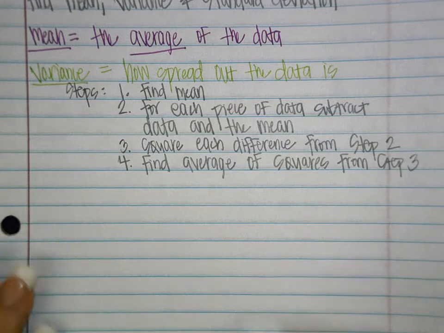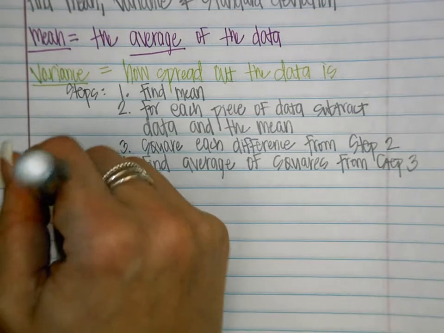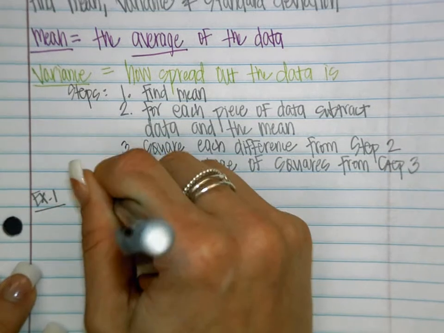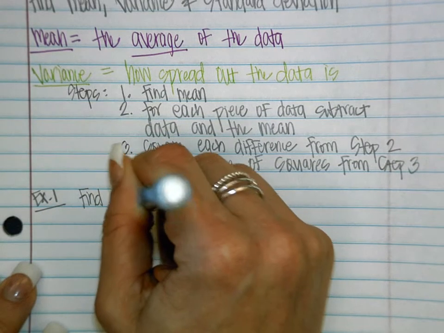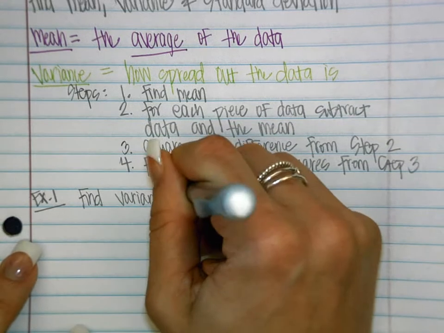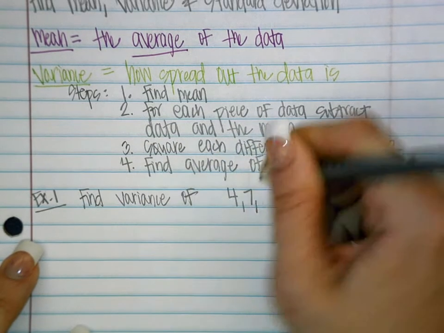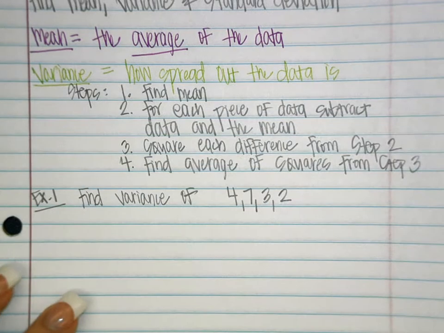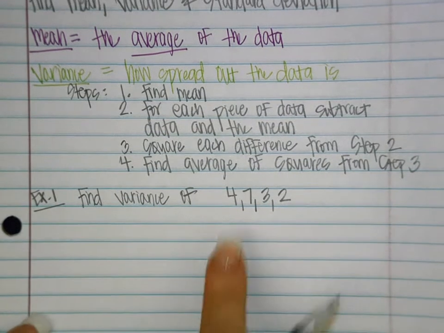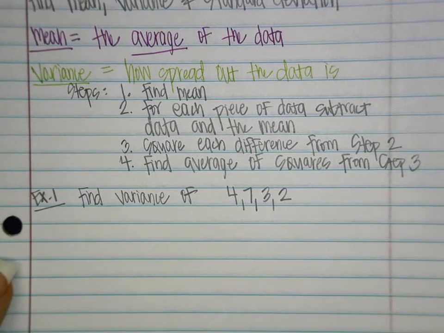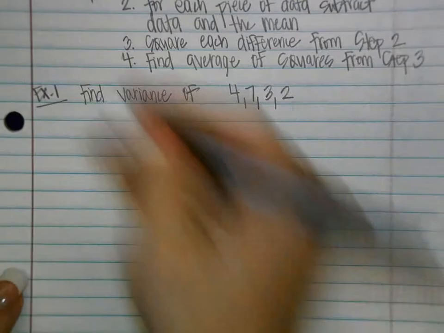But the first thing I'd like you to do for example number 1 is to find the variance of the data set, and the data I'm giving you is 4, 7, 3, and 2. First thing you're going to do is step 1.